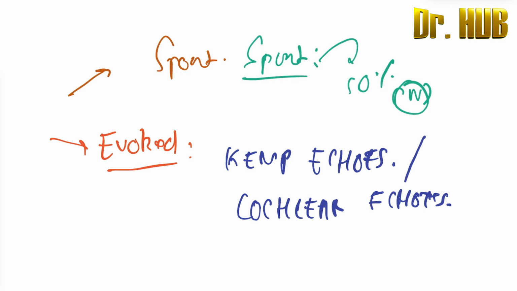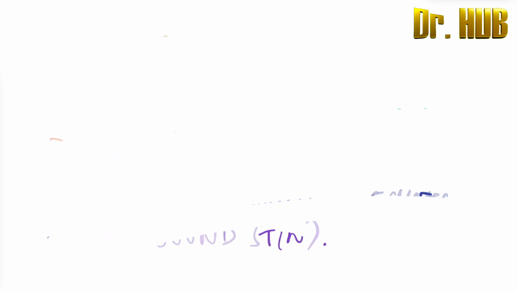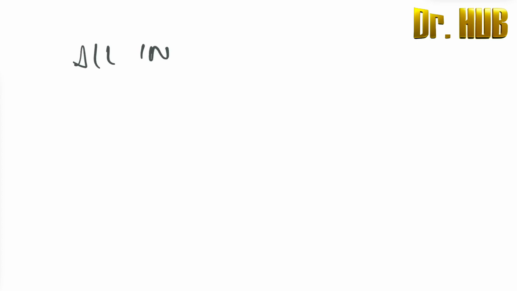They are generated in response to a sound stimulus, and they are found in all individuals. Previously, the spontaneous type was in 50% of individuals. Now the evoked type is present in all individuals with normal hearing.